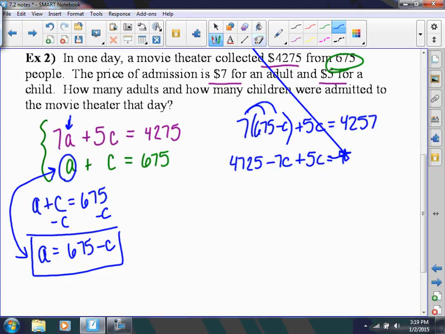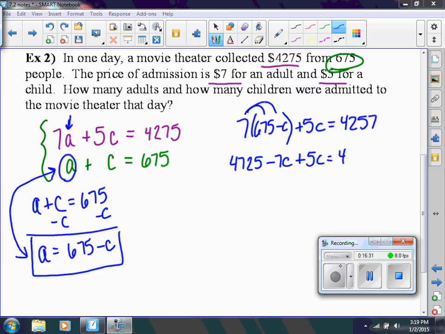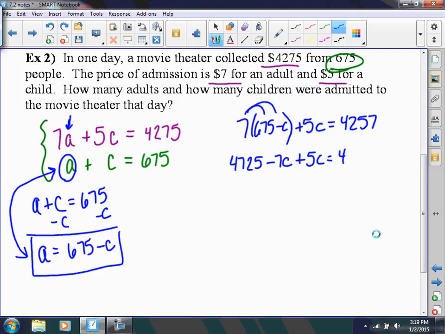Oh, now we're getting messy here. Okay, so that's going to be 4725. Once I'm able to write again, there we go, 4725. And then I'll be able to combine my like terms. So I'll have 4725 minus 2c. Remember, these are on the same side of the equation, the c's.